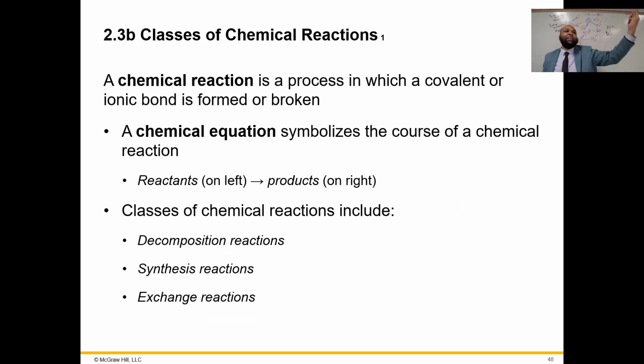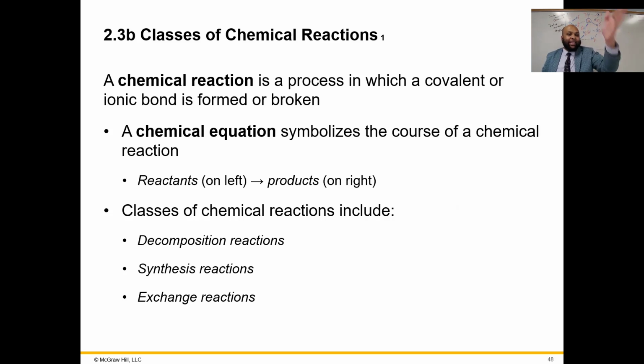You had A, B, C stuck together, then you decompose them into A separate from B separate from C. Then you have synthesis: when you have A, B, C separate, you put them together into ABC, one big molecule combined.